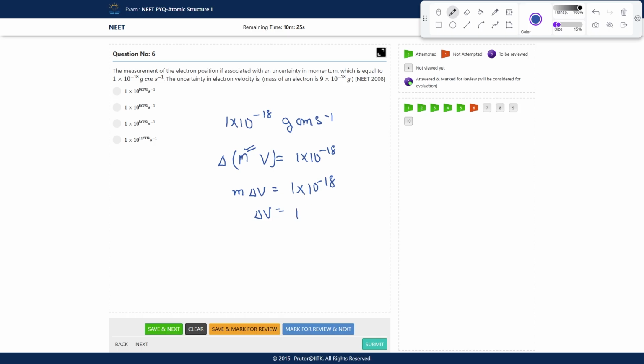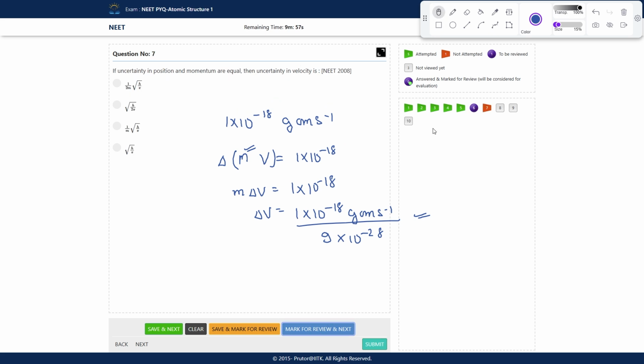It is given as 1 into 10 to the power minus 18 gram centimeter per second divided by the mass, 9 into 10 to the power minus 28. Okay, so just calculate this and you will get your uncertainty in electron's velocity. Moving on to the next question. So I am putting option D as the correct one.